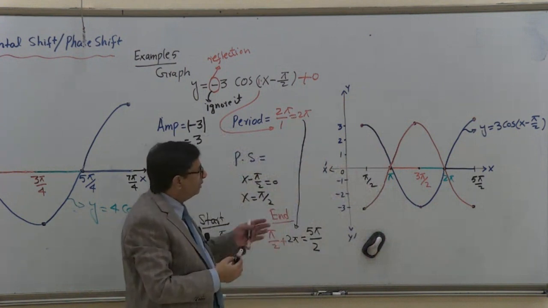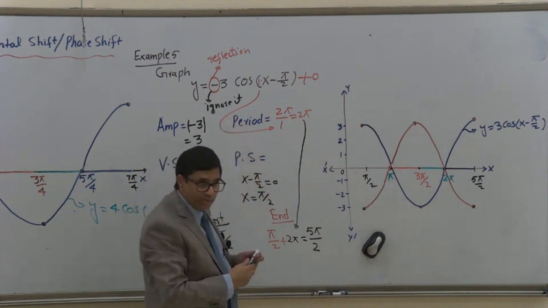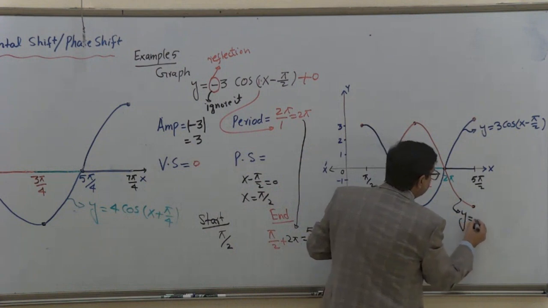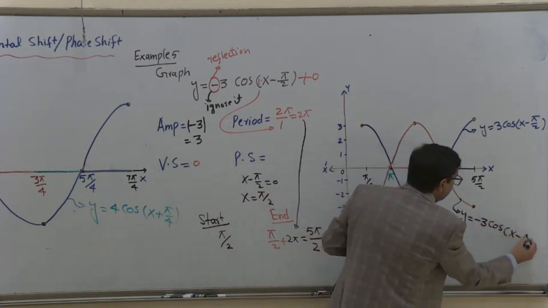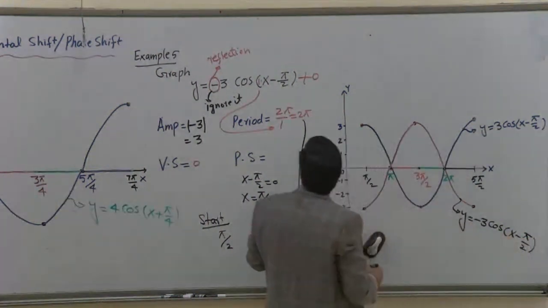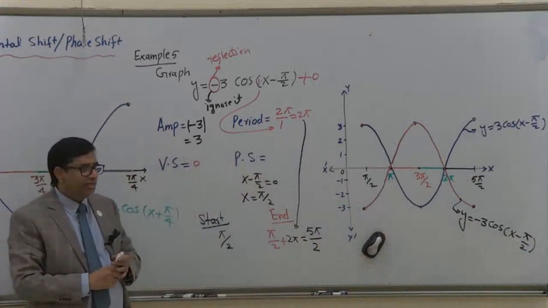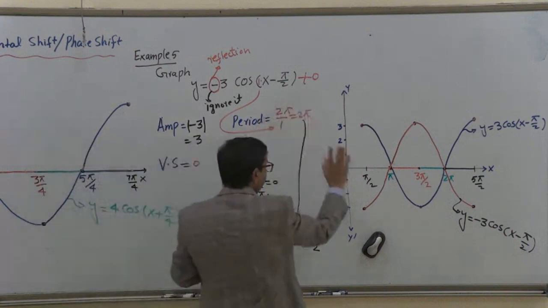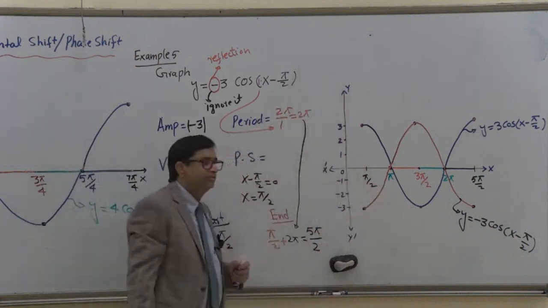How can we know in the exam that this is the graph for this one? We should write down here y equals minus 3 cosine of x minus pi over 2. Understand it or not? There is no vertical shift, so this is our final answer.